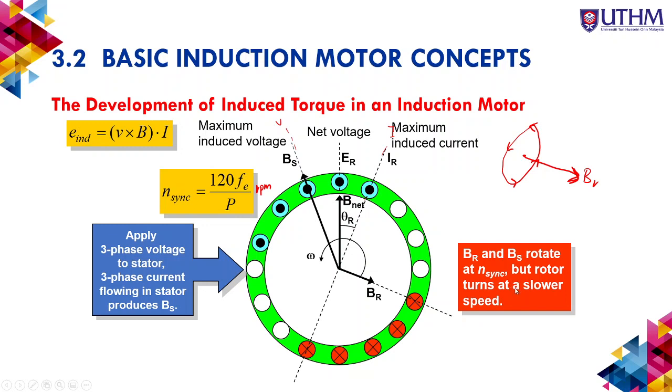Normally the rotor will move slower compared to the n-sync. So the rotor speed, they call it Nm. This is the rotor speed, in RPM.